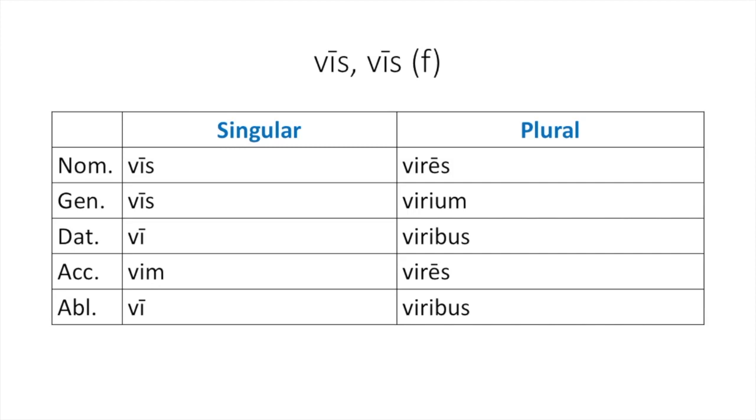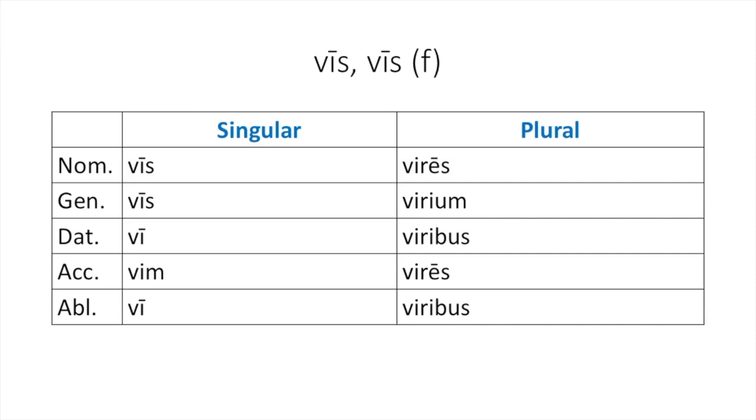Vis is a feminine I stem noun that means force or strength or power, and its forms are like I stems. They're like third declension, but they don't really fit, partly because the entire base changes in the plural, and even some of the singular forms have a slightly different form than you'd expect for third declension or really even third declension I stems.